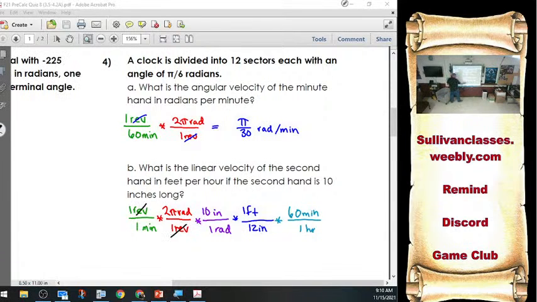Because revolutions with revolutions, radians with radians, inches with inches, and minutes with minutes. I am now in feet per hour. So I got 2 by 10 by 60 is 120. Over 12 by a bunch of ones is just 10. So 10 pi feet per hour.